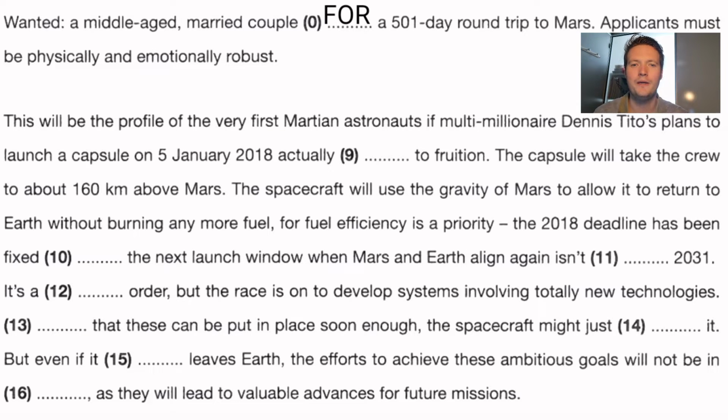Okay, this will be the profile of the very first Martian astronauts if multimillionaire Dennis Tito's plans to launch a capsule on the 5th of January 2018, so it didn't happen, actually, to fruition. Well, this is an expression which means if things actually turn out how we wanted them to.